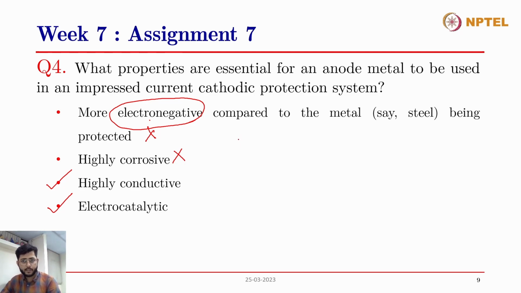Therefore, we want the anode metal to be more electropositive so that it will have the tendency of losing electrons, so that we'll be able to easily draw electrons from the metal. Losing electrons means oxidation, so the anode metal will act as an oxidation site and therefore it will get corroded, while the cathode, the steel reinforcement, will act as a reduction site and it will get protected.